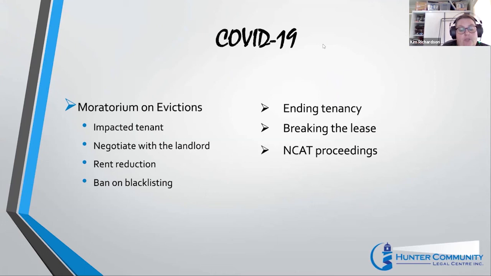You can apply to NCAT to end your tenancy early, where you have requested the landlord engage in formal rent reduction negotiations and they fail to respond within 7 days or refuse to participate. Or the landlord doesn't respond to a notice from Fair Trading to engage in a formal rent reduction negotiation process within 7 days, or fails to stop participating in the formal process.